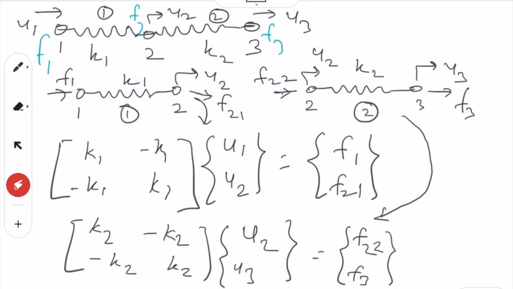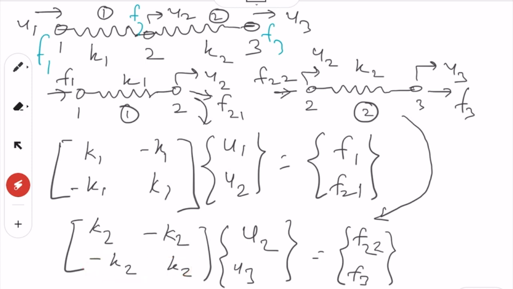And coming back here, what we see is f3 is here only, and the equation is minus k2 multiplied by u2 plus k2 multiplied by u3 equal to f3. Hence, this is what we have to write, right.